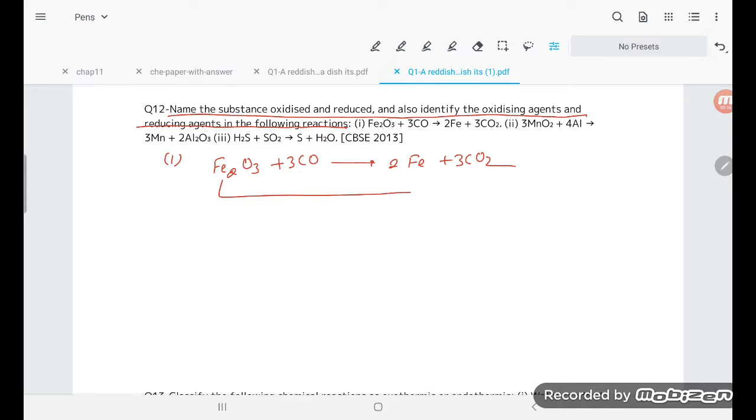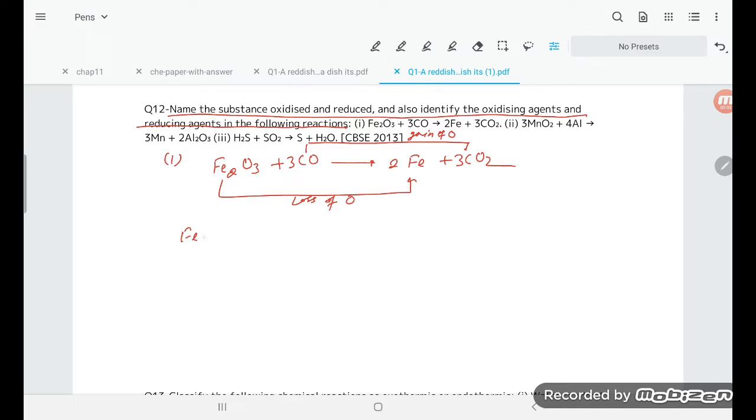So here is loss of oxygen, and here is gain of oxygen. You know gain of oxygen is oxidation and loss of oxygen is reduction.